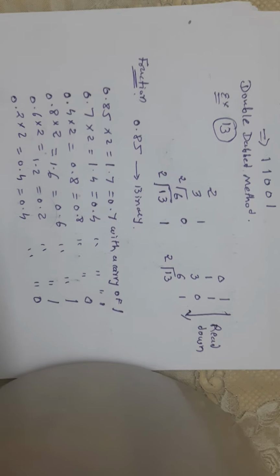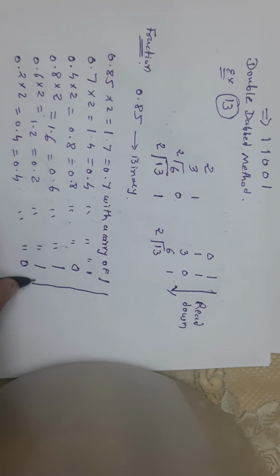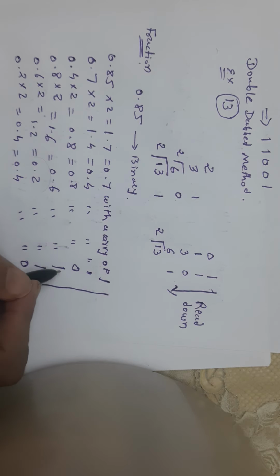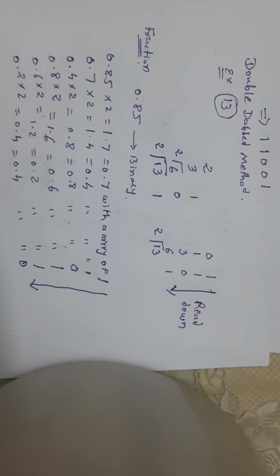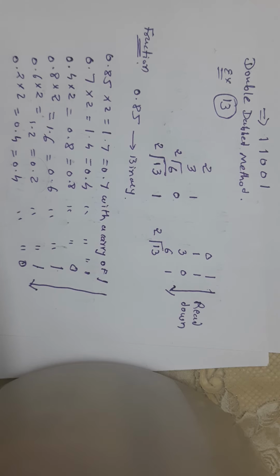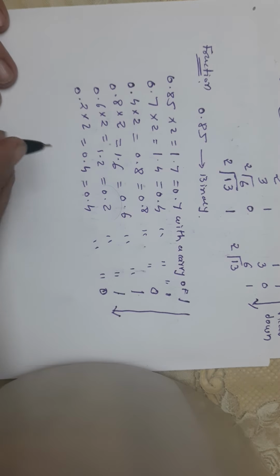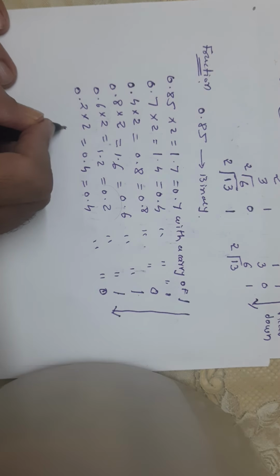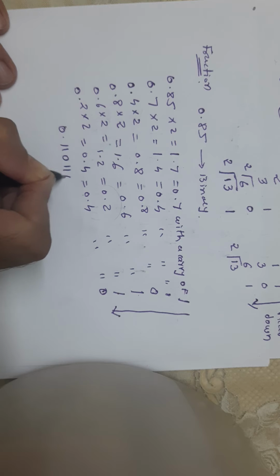Reading the carries in the downward direction gives 110110. This is the binary equivalent, so the answer is 0.110110.